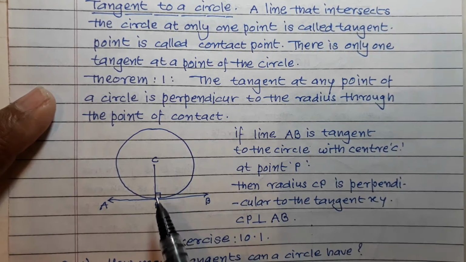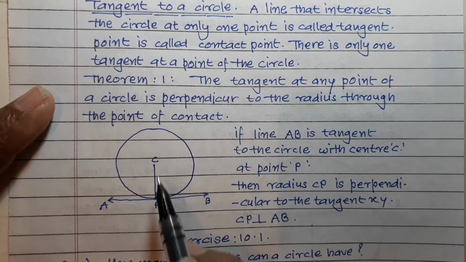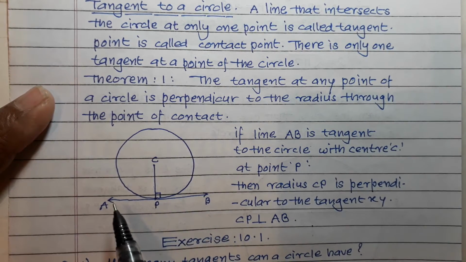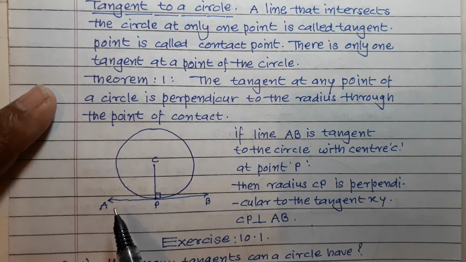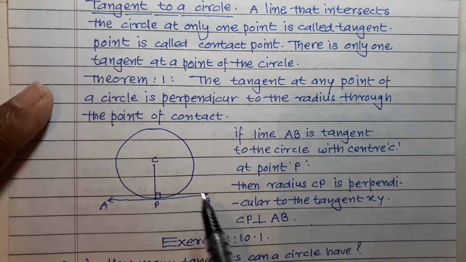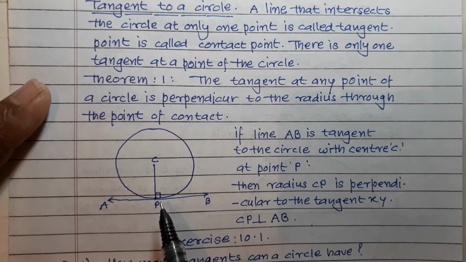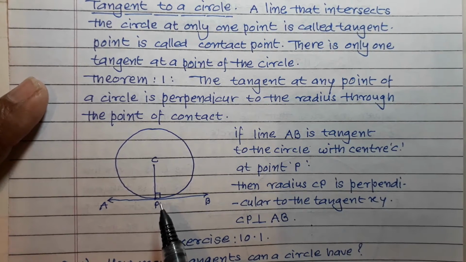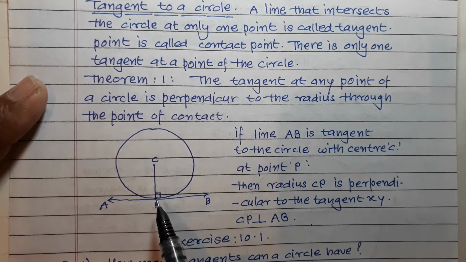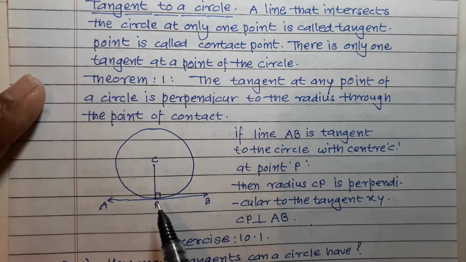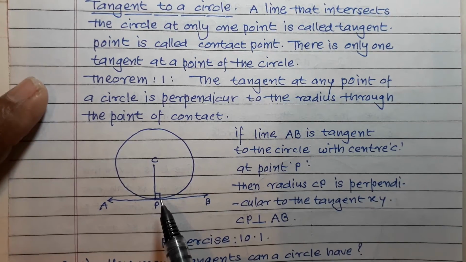If you draw a perpendicular from this point to this radius, then that line is called a tangent. In this case AB is the tangent, P is the point of contact, and remember, the tangent is always perpendicular to the radius passing through the point of contact.